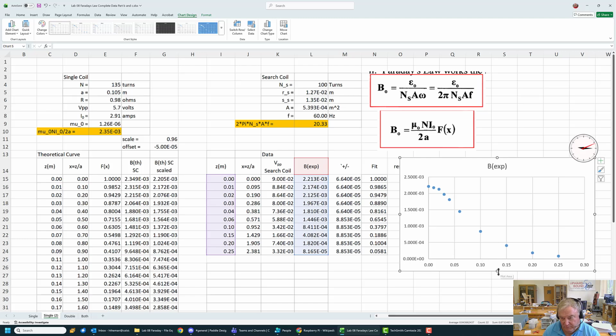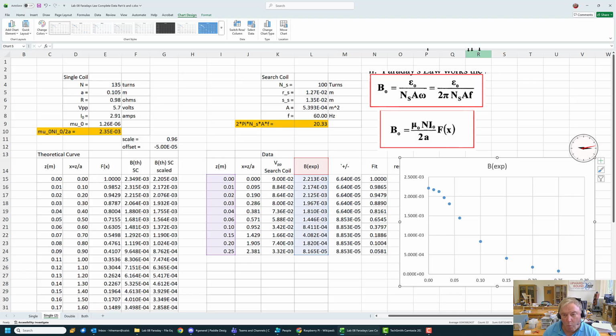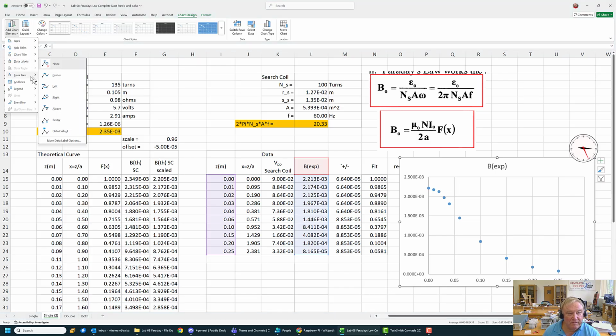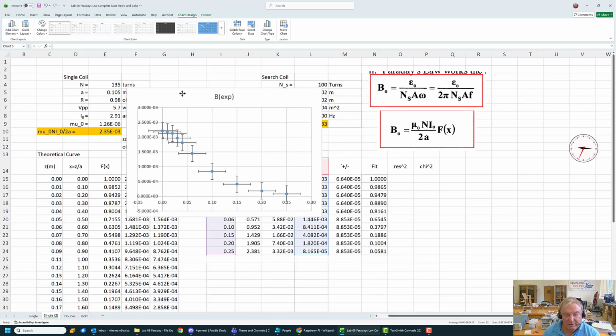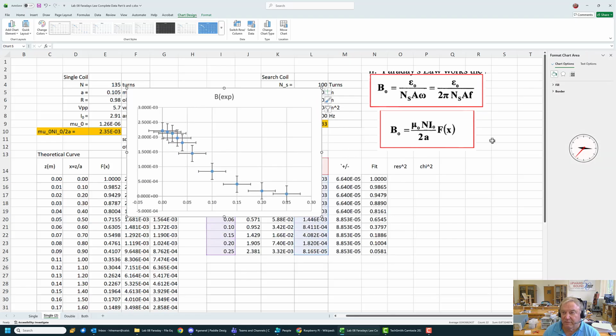And I'm going to add the error bars. Since the graph is highlighted, we see chart design and format, add a chart element. Remember we do this before we put the fit line on the graph, because that way we don't have to do it twice, because it doesn't give us the option to put the error bars in only one data series.